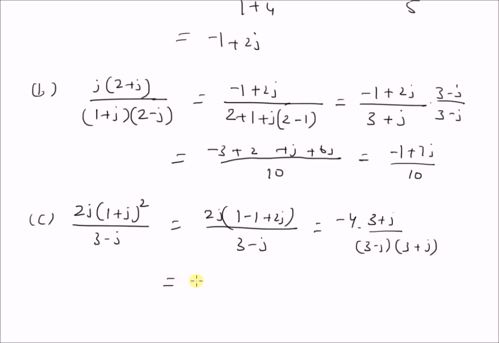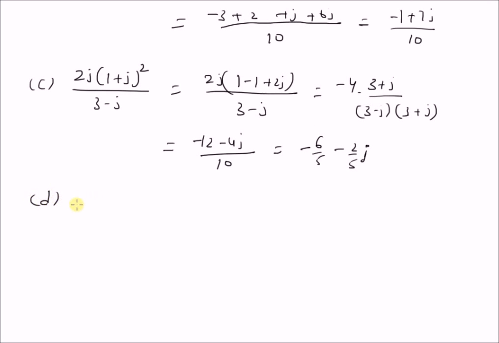So this becomes (-12 - 4j) divided by 10, which is equal to minus, and 12 by 10 becomes 6 by 5, and 4 by 10 becomes 2 by 5 j.